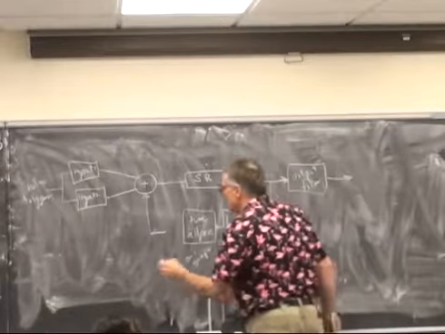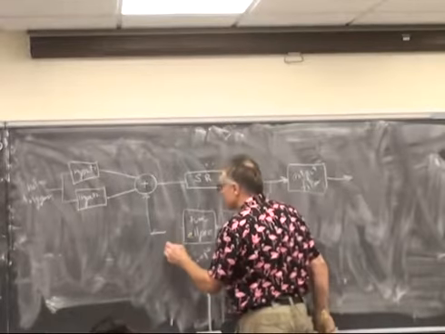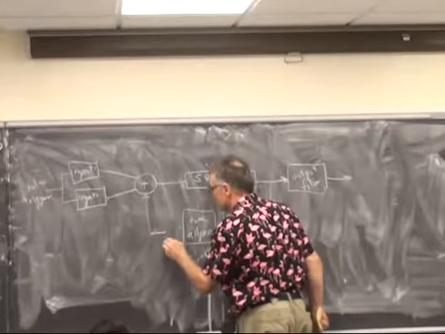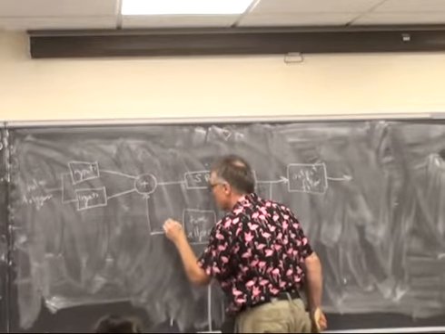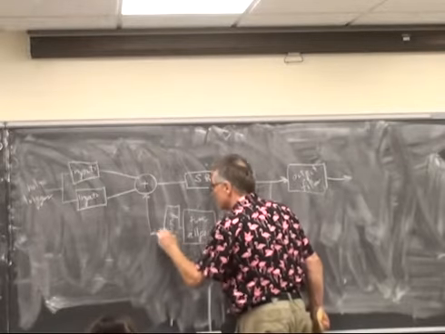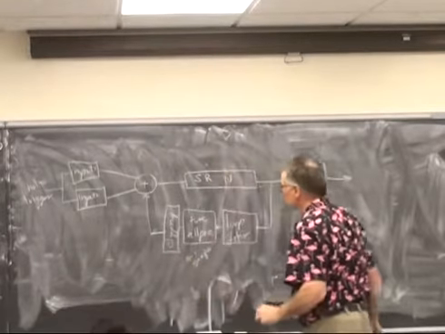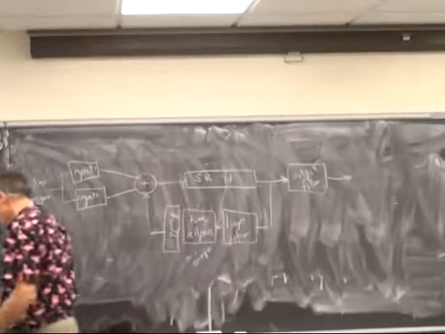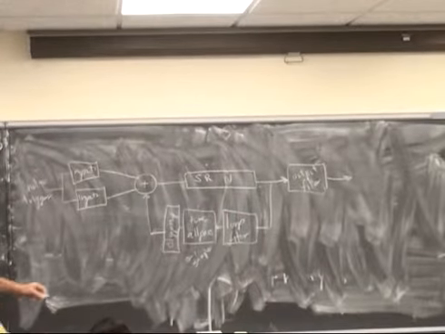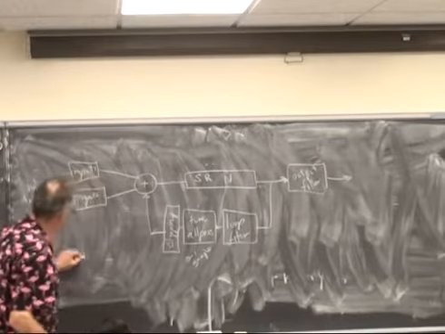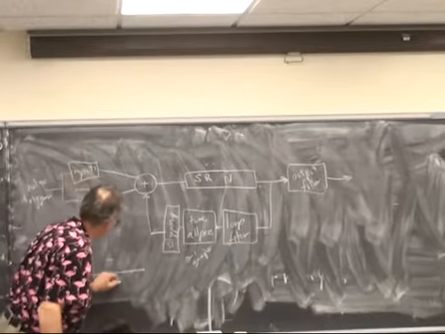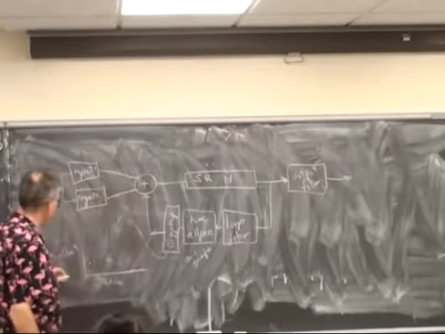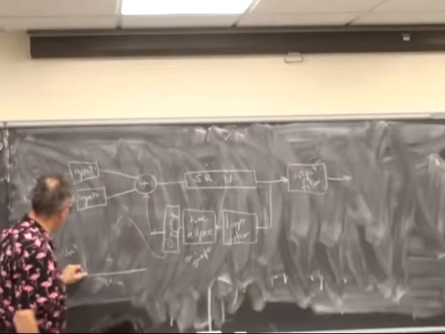And then we may want to put some special effects in here, let's say clipping, so nonlinear effects. Clipping would say that V in versus V out for clipping might be something like this.